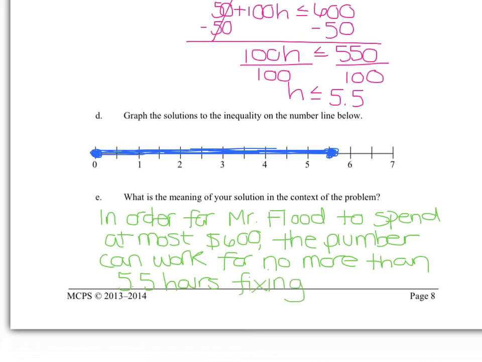So that's what our solution says. The plumber can work anywhere in between 0 and 5.5 hours for Mr. Flood to spend no more than $600.